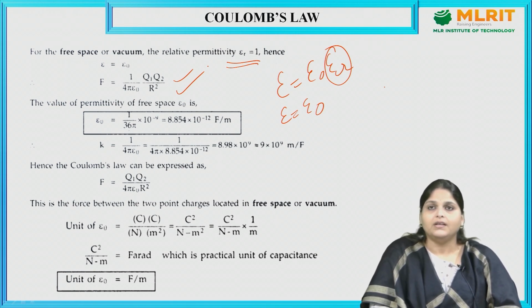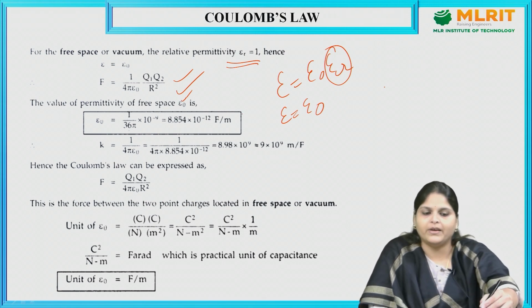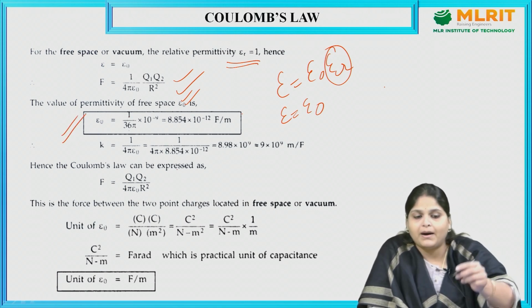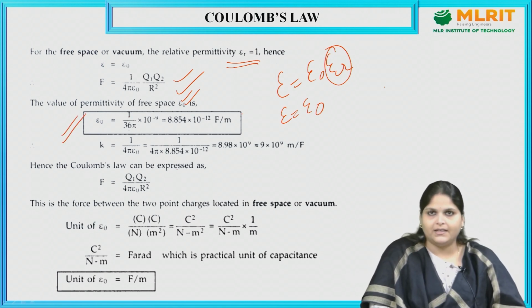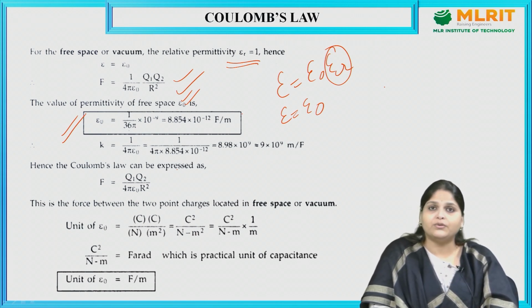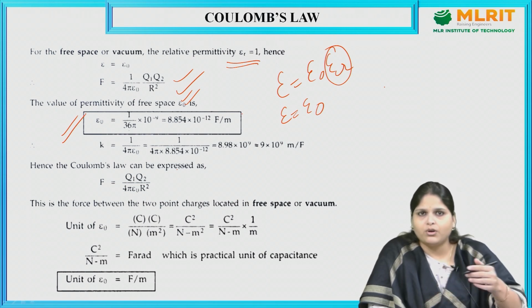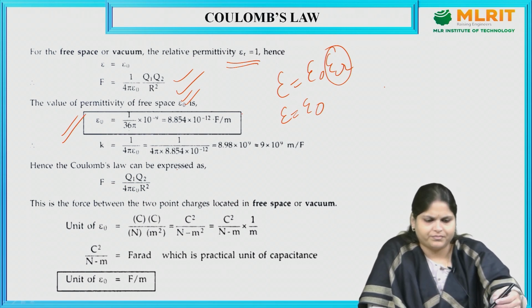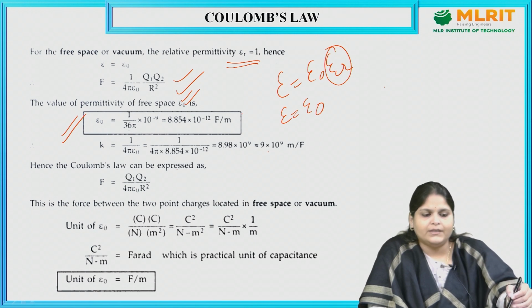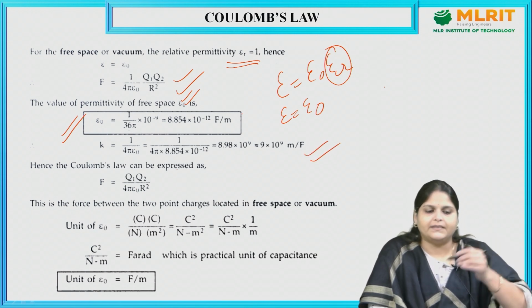The value of the permittivity in free space, epsilon naught, is equal to 1 upon 36 pi into 10 to the power minus 9. When you solve it, it becomes 8.854 into 10 to the power minus 12 farad per meter. When you further combine it, K is equal to 9 into 10 to the power 9.